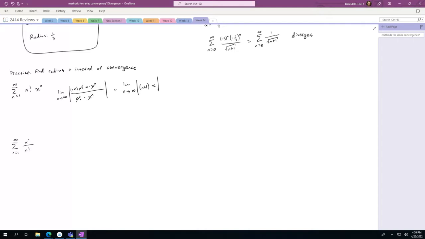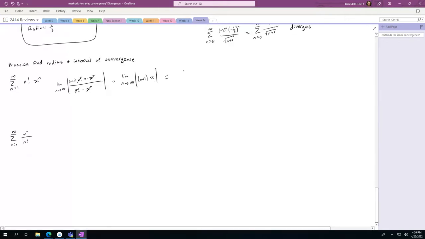What could x be to make the limit not infinity? Well, I'm multiplying by x, right? So I'm wondering, is there a value of x that will make my limit not infinity? And you said 0. 0, right.